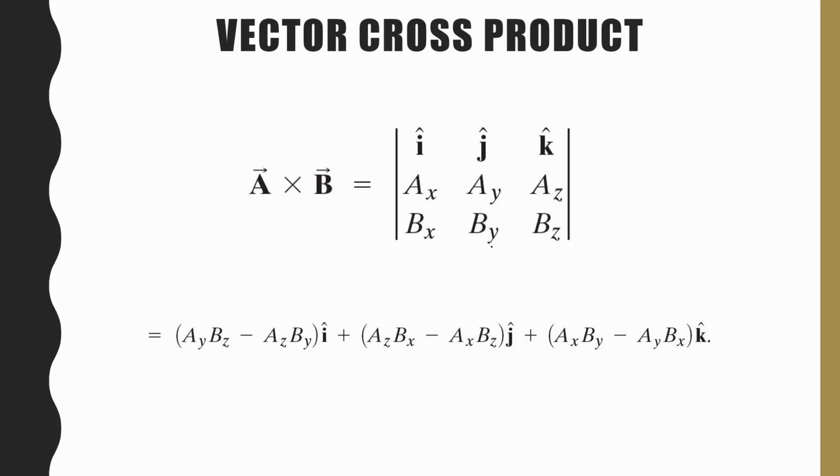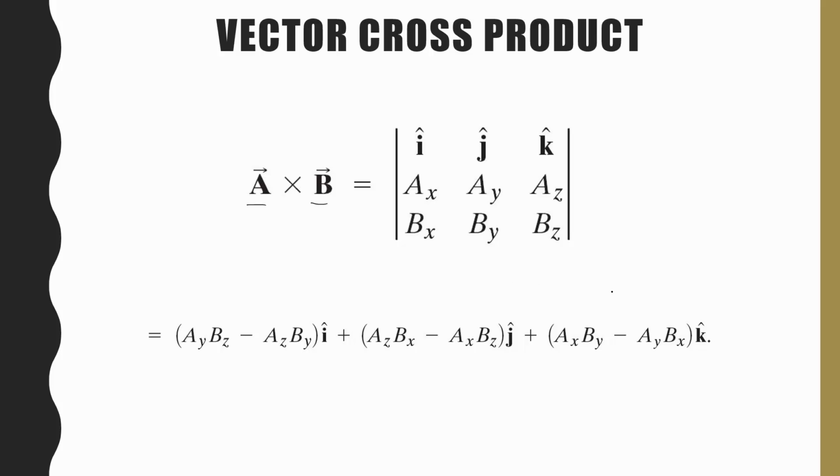It's defined like this. It's the determinant of this matrix here, which is made up of the components of the vectors a and b, and then you also have the unit vectors i, j, and k that give directionality. Now if you remember, the vector dot product is sometimes called the scalar product because you get a scalar out. Here we don't.